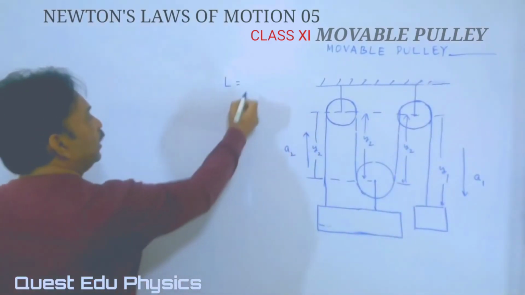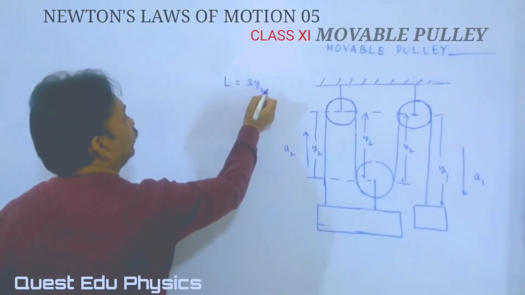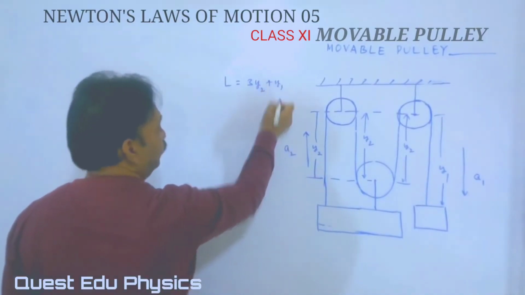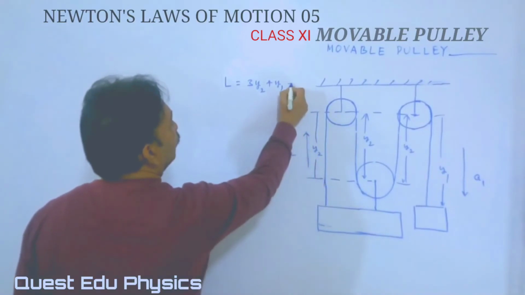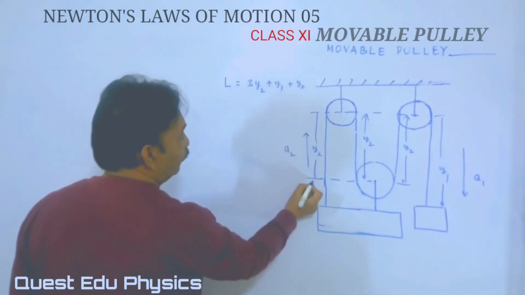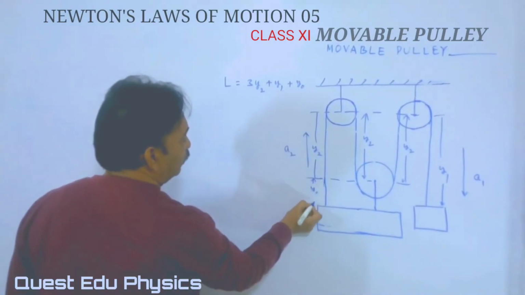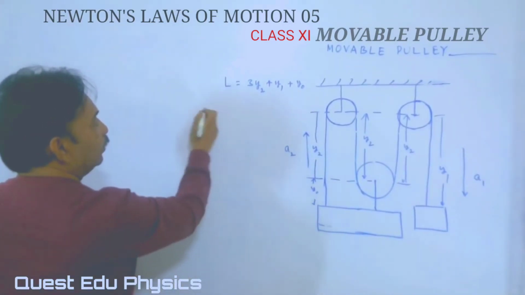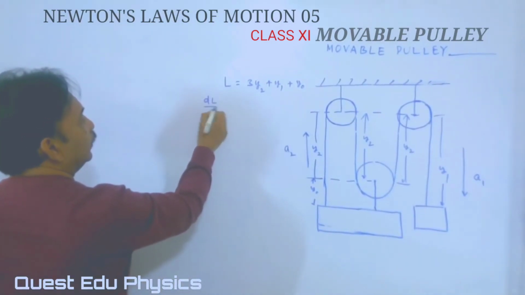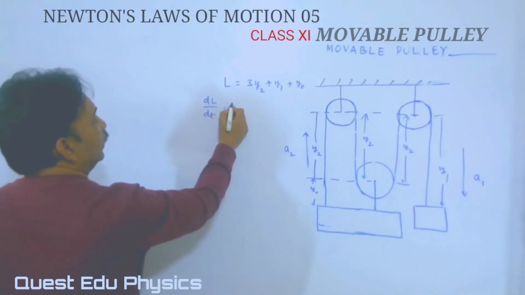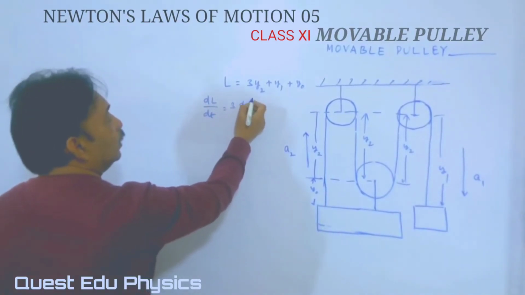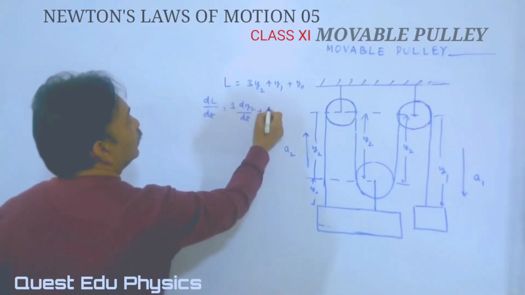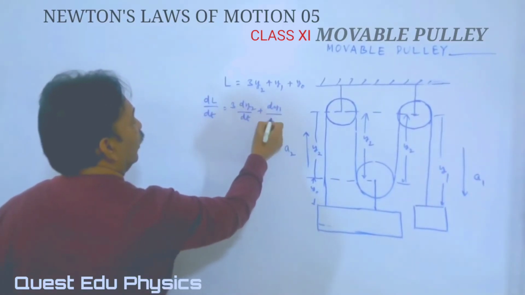Okay students, we can write 3y2 plus y1, and it's the constant length. So it is y0, it remains constant. Again you differentiate it, you get dl by dt is equal to 3 of dy2 by dt plus derivative of y1 by dt.